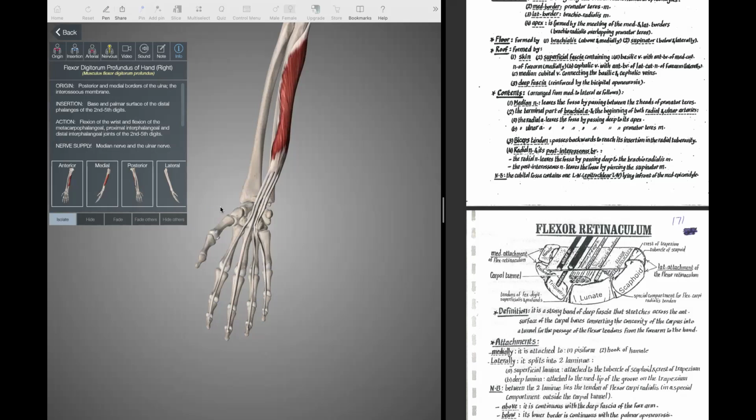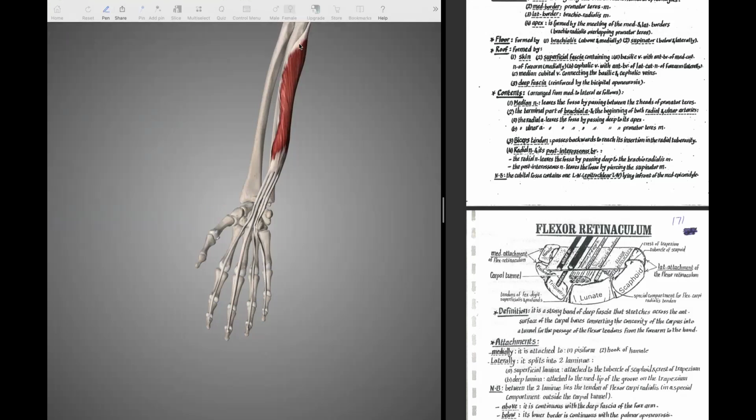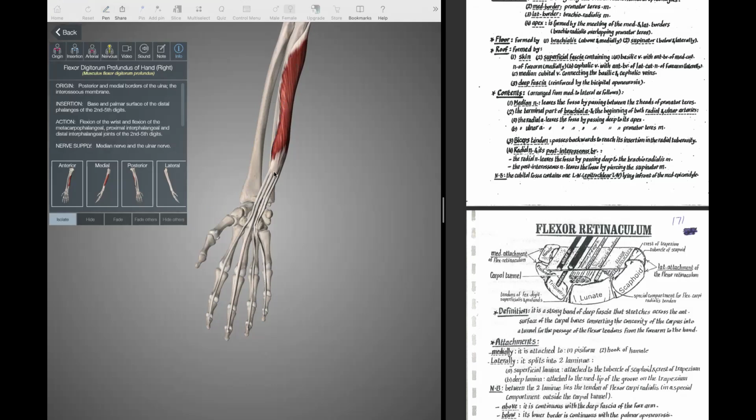Nerve supply median, but also ulnar, because for this muscle, half is by median and half is by ulnar.